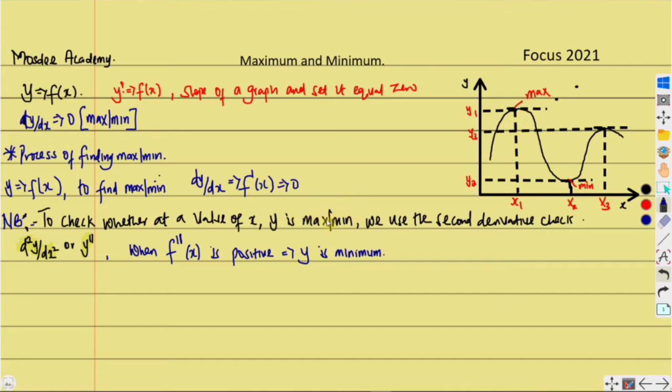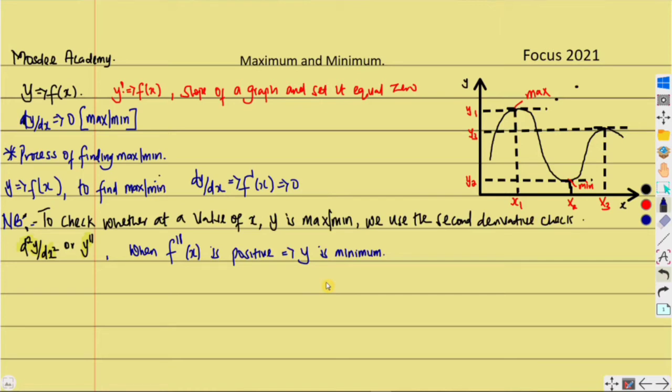I said in mathematics and physics, what we do is just to differentiate that function again. And when you differentiate 2 times, you get f prime prime. f prime means the first derivative, and when you make it double, what we write as d squared y over dx squared, is called the second derivative check, and this method is used to verify if it is a minimum value or maximum value.